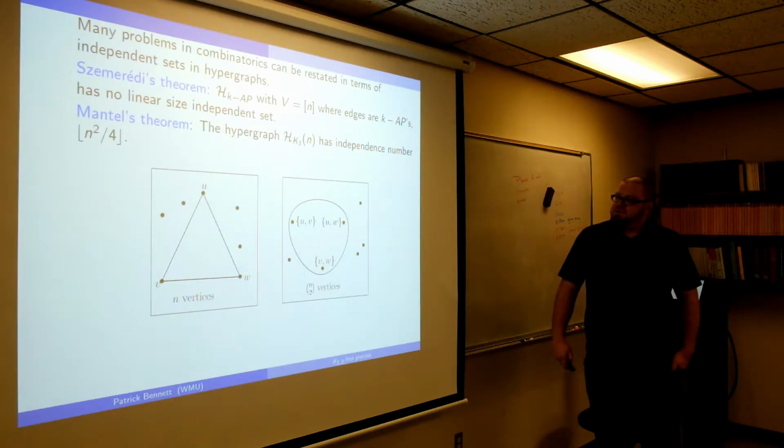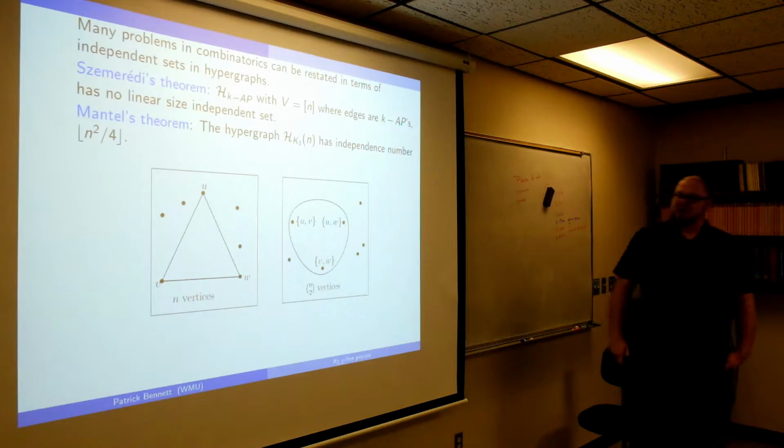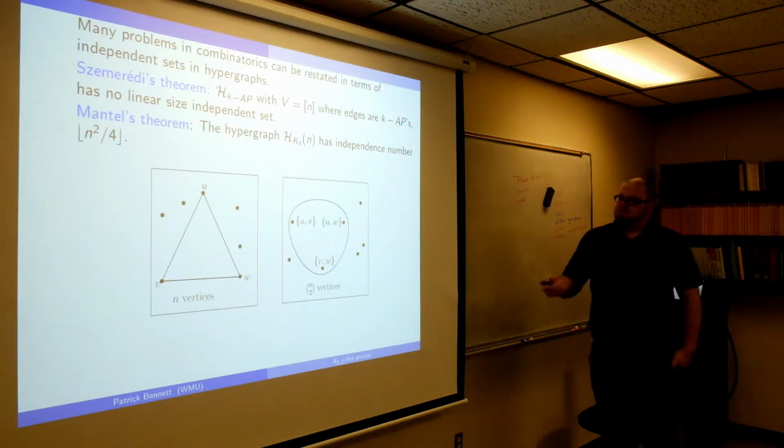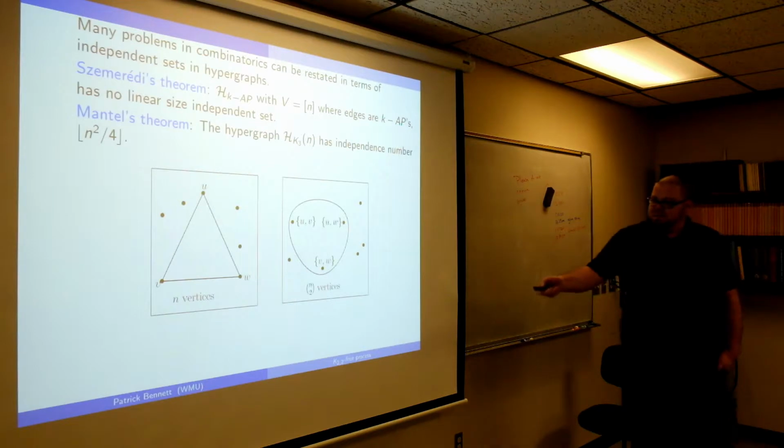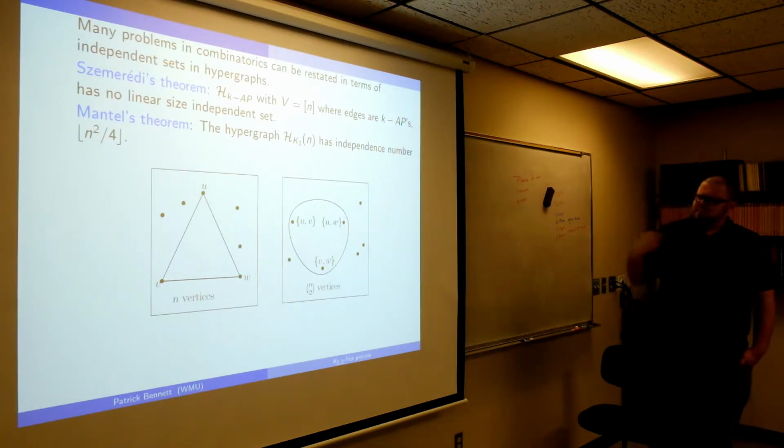Okay, so this gets a little weird, but here's Mantel's theorem stated as independent sets in hypergraphs. More familiarly, we know Mantel's theorem is about how many edges you can have in a triangle-free graph. So here's a picture of a triangle in a graph, but consider the following hypergraph that I'm going to call H sub K3.